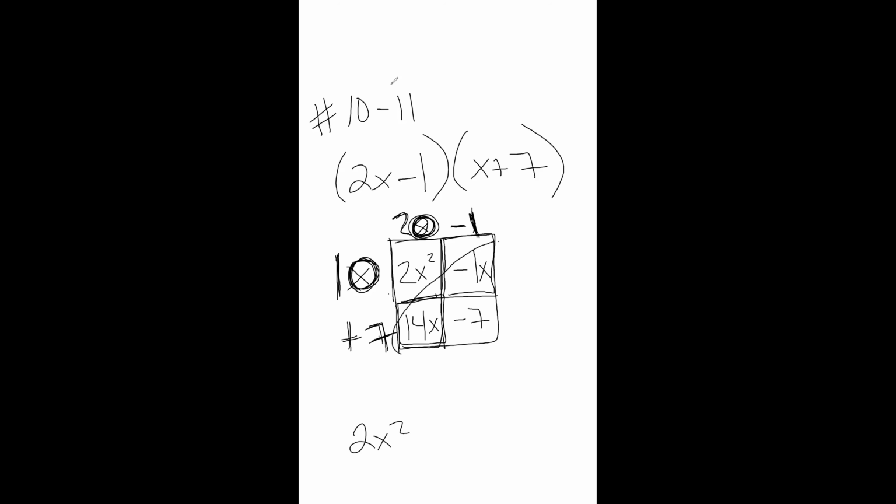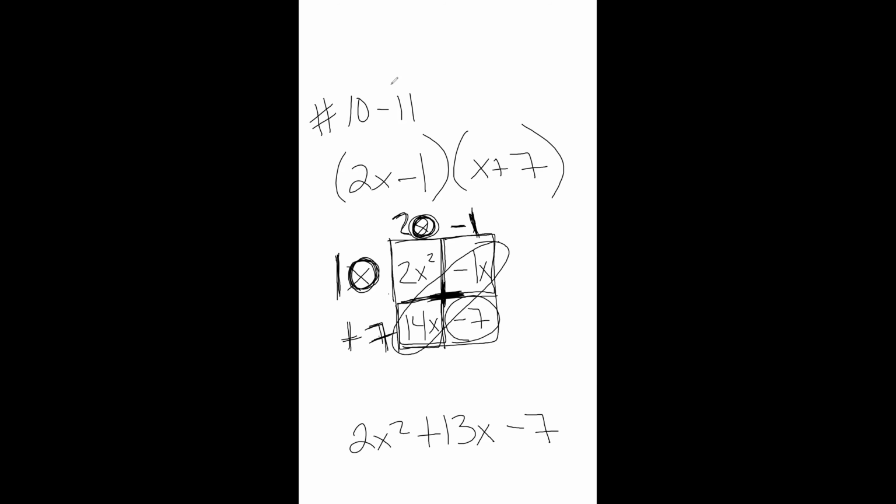However, both of these are numbers with x's attached, so I can combine them. In the middle of the box, it looks like there's a plus sign, so that's why we're going to add them. 14 plus -1 is 13, and then that x is going to stay there. And then again, this -7 is by itself. It has nothing to combine with, so it's -7.